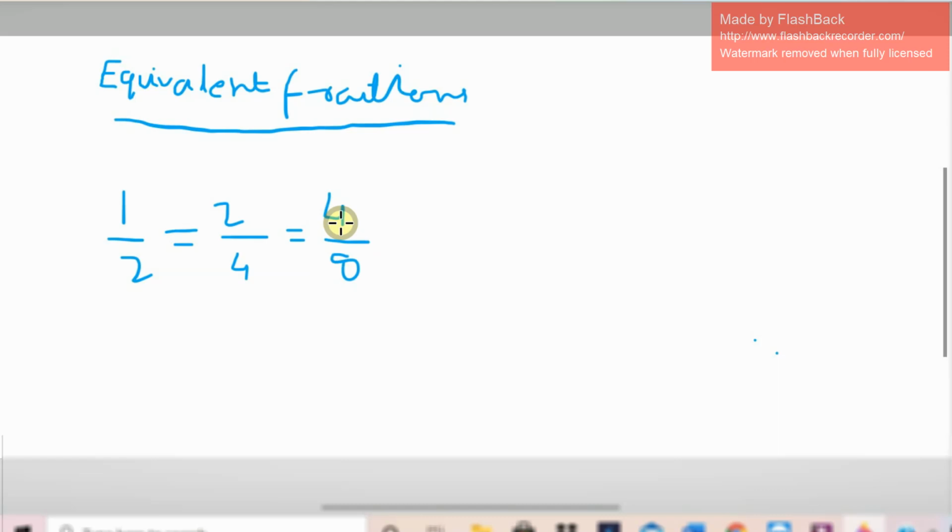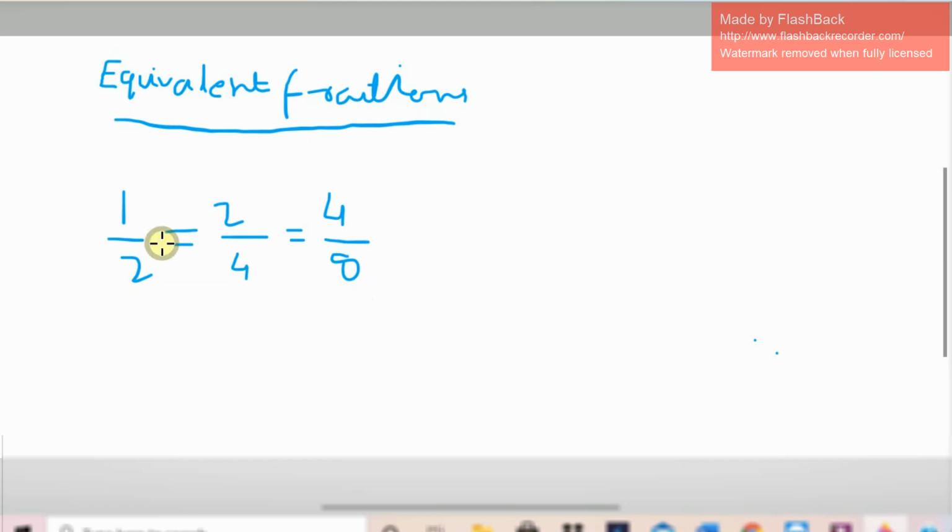Why do they look the same? They are the same because when we multiply or divide both the top and bottom by the same number, the fraction keeps its value.